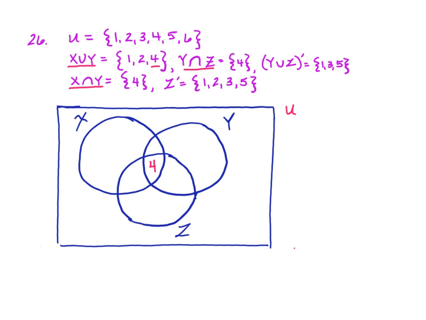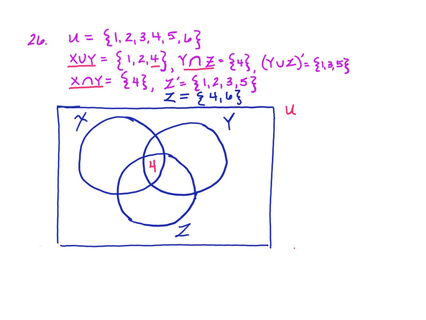And it turns out that when they tell you what the complement of Z is, so if they tell you the complement of a set, like for instance Z, then they have also told you what Z is, because Z is going to be anything that isn't in its complement. So if 1, 2, 3, and 5 are not in Z, in other words, they're in the complement, then that means 4 and 6 are actually in Z.